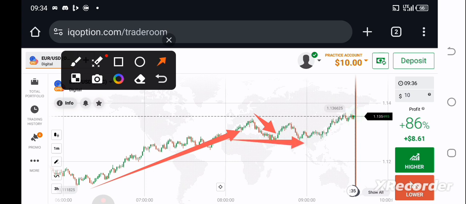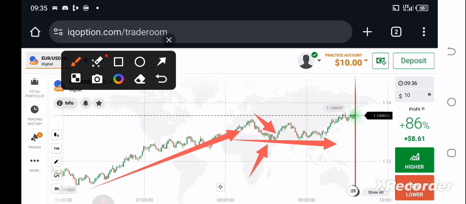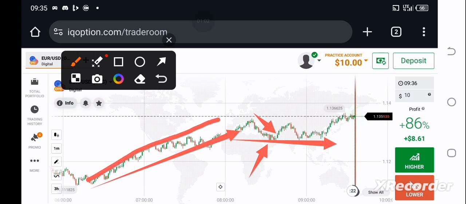You can see that it got support from this particular level here, and then it moved like this. It goes up, got support like this, minor trend, and then it shoots up again. So you can see what I was trying to explain.